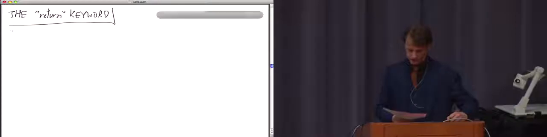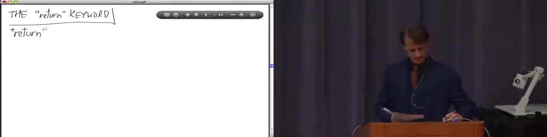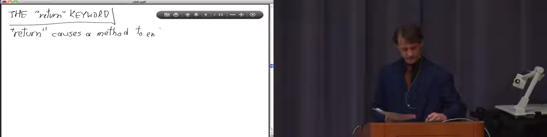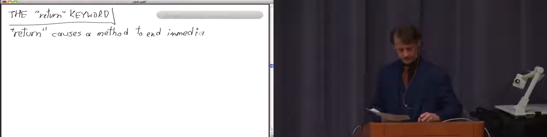So I want to talk about return next. Return has something in common with conditionals, which is that it affects the flow of control through a program. Specifically, it causes a method to end when it's executed, and the method ends immediately.